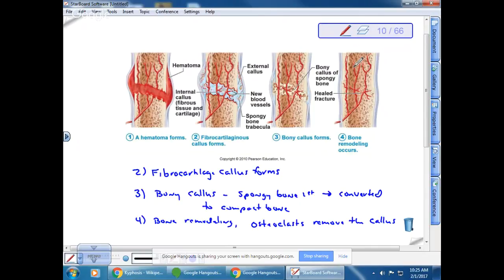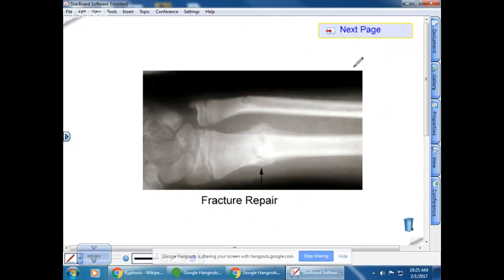Okay. So this is an example of a fracture repair, and you can see even in the x-ray that bony callus that is forming around it. Does anybody know what part of the body this is? What does it look like? Close. Yes. And so this is your wrist bones. So these would be your carpal bones, right? And this is the radius, the bigger one, and that would be the ulna over there, right?